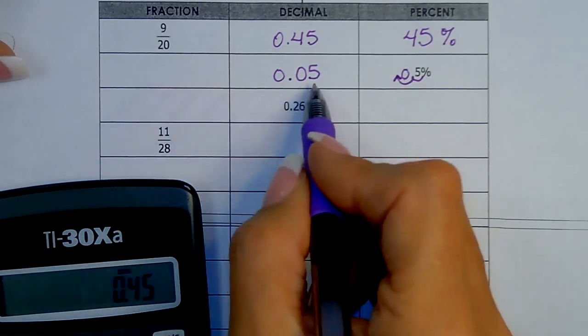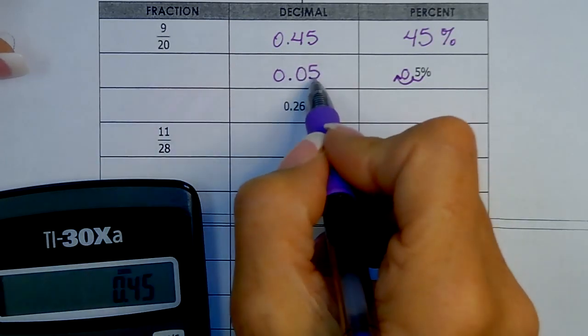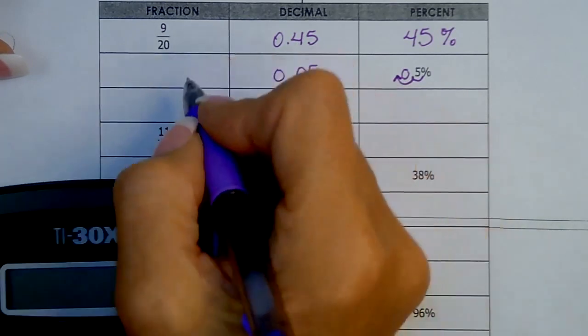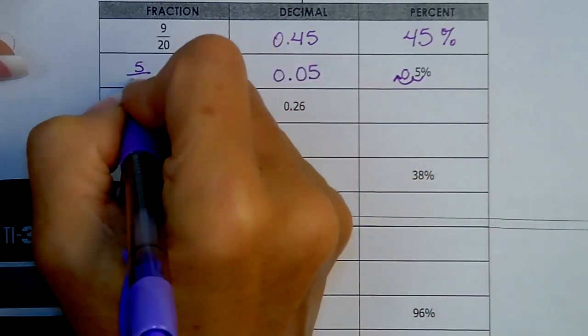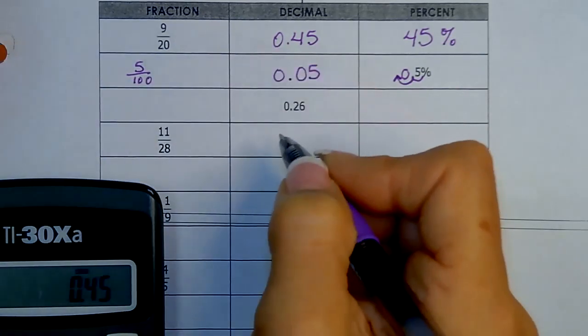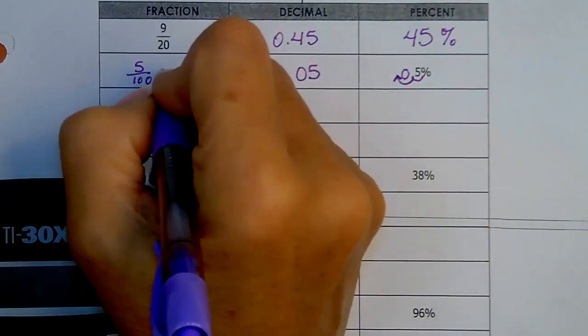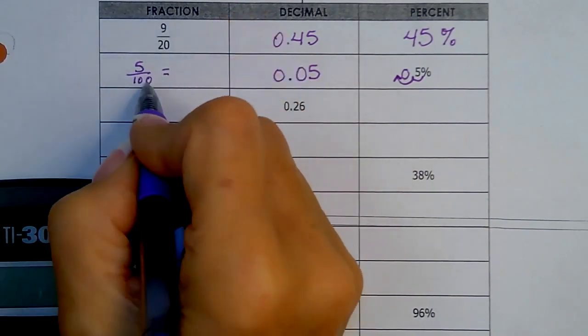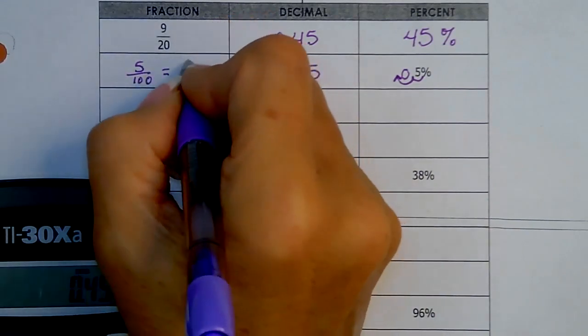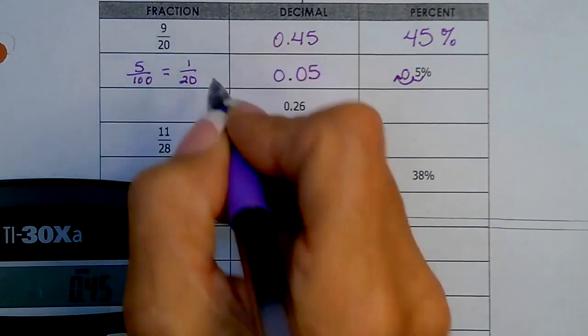Now to a fraction. This would be read 5 hundredths. 5 is in the hundredths place. So I'm going to write 5 hundredths, just like I read it. Okay, both of these are divisible by 5. When I divide both by 5, I get 1/20.